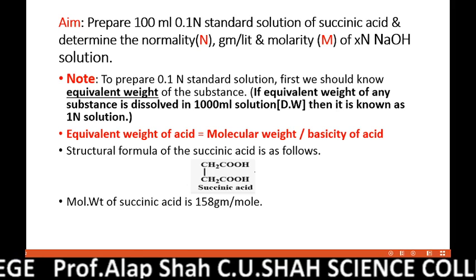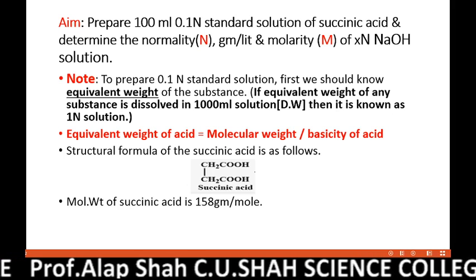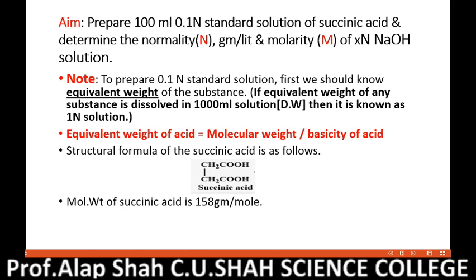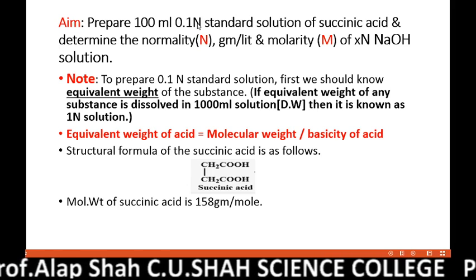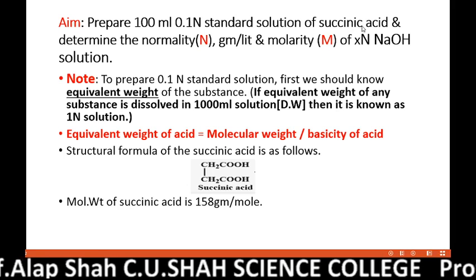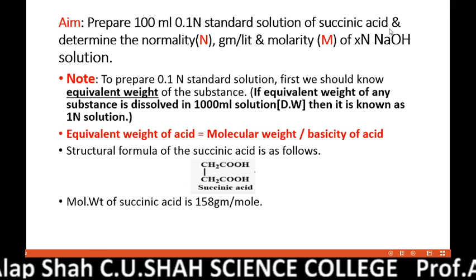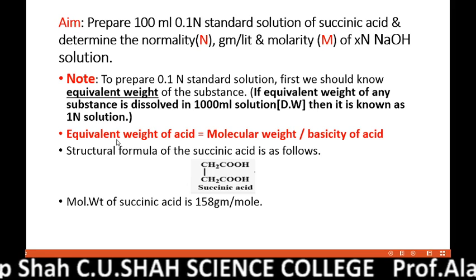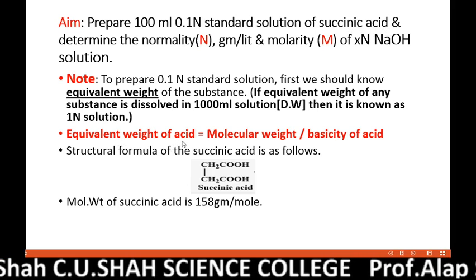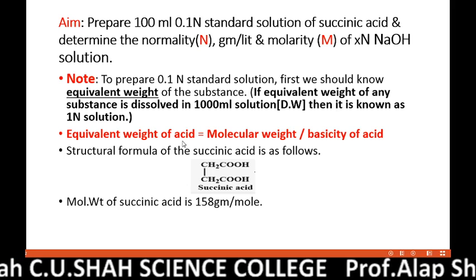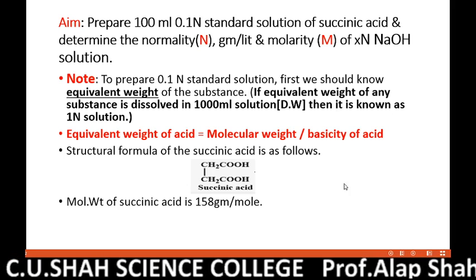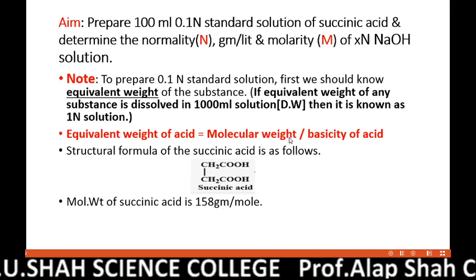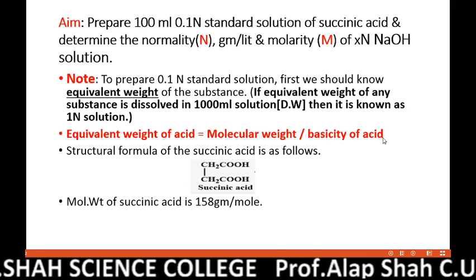So here, as we want to prepare a standard solution of succinic acid, 100 ml 0.1 normal, we should first know its equivalent weight. There are many definitions of equivalent weight, and one of its definitions for an organic acid is molecular weight of acid upon basicity.